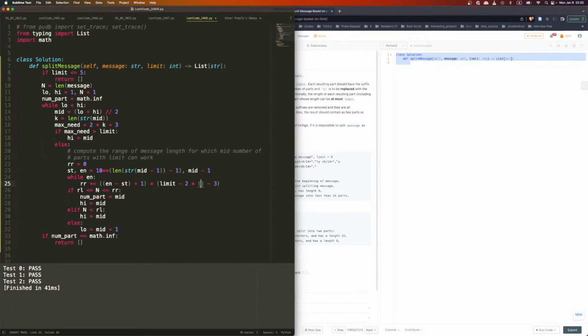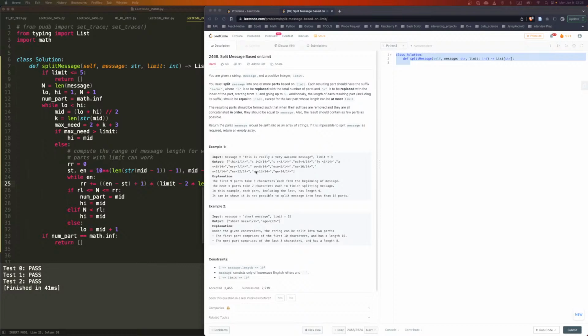What is this something? It's len of str of end, it's the same thing. So we have 2 times this, right? That's the length that's occupied by the number of parts, and then we minus this.